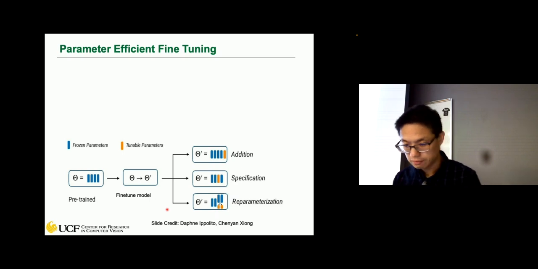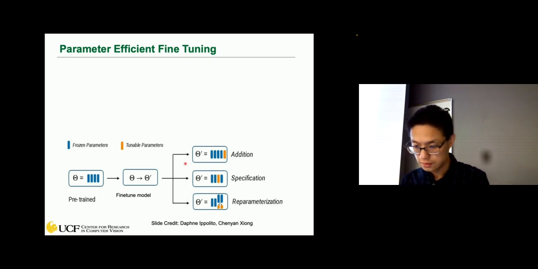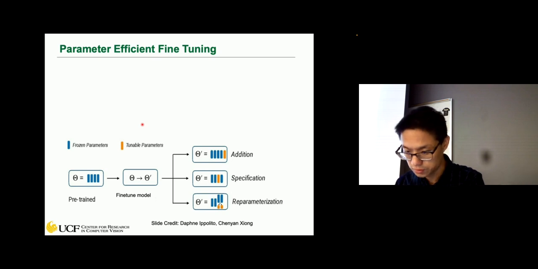Typically, we have a couple of strategies to achieve parameter efficient fine-tuning. This graph shows a few of them. The blue bars indicate our pre-trained network, where theta indicates the parameters.